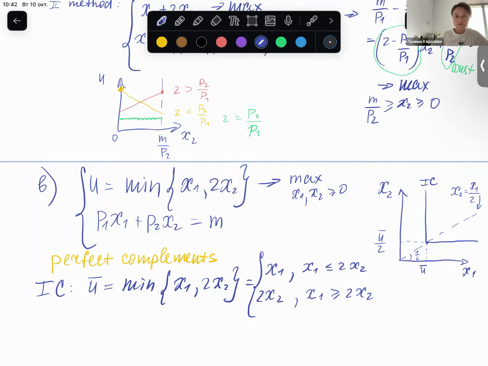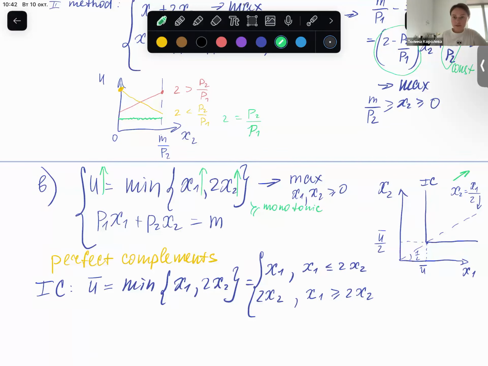And we also see that our preferences are monotonic, because the higher the consumption of both goods, the higher the level of utility. Not strictly monotonic, but monotonic. Okay, so we draw the direction of the utility increase, as always.